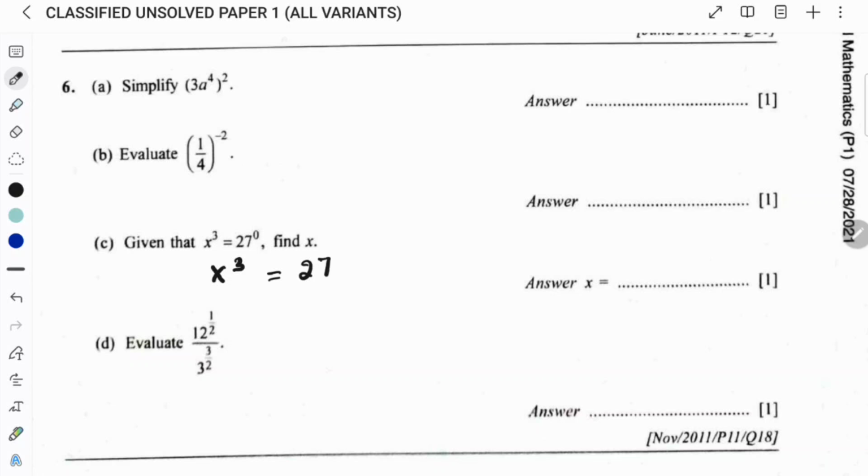And you know that 27, either you write simply 1, or you take 1 over 3 on both sides to get it cancelled. 1 to the power 1 upon 3 remains 1.